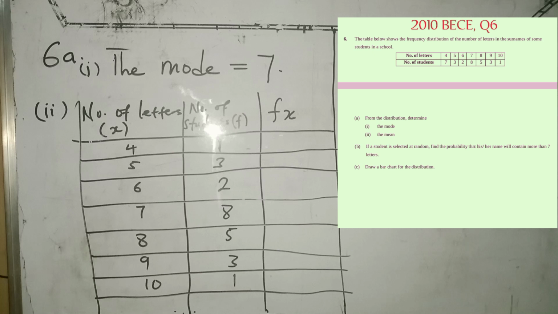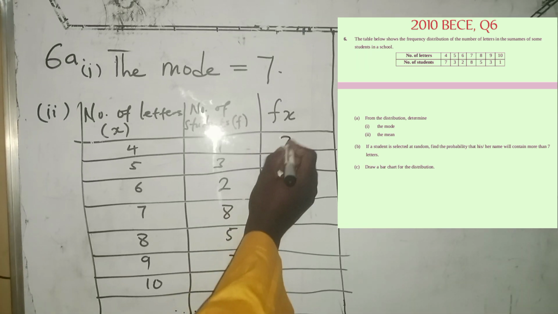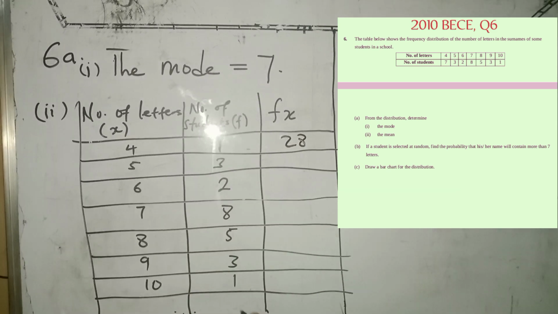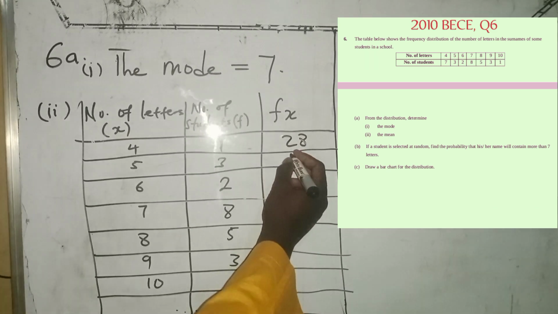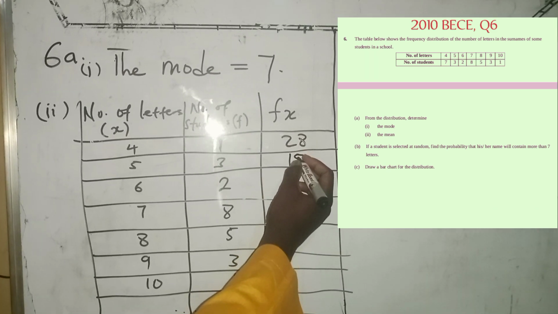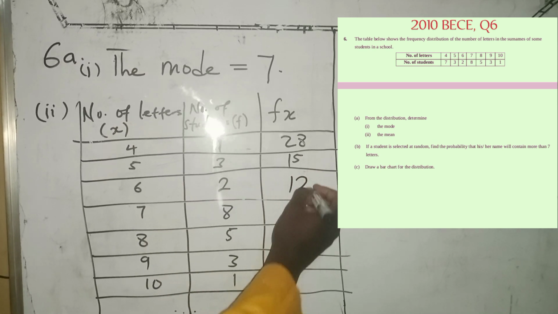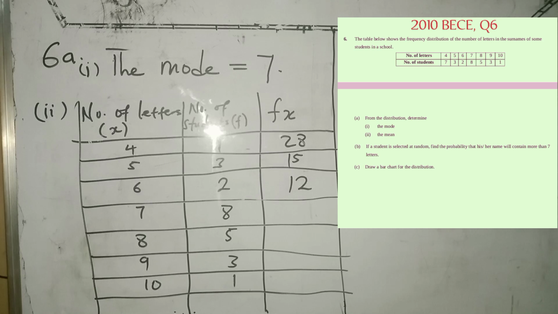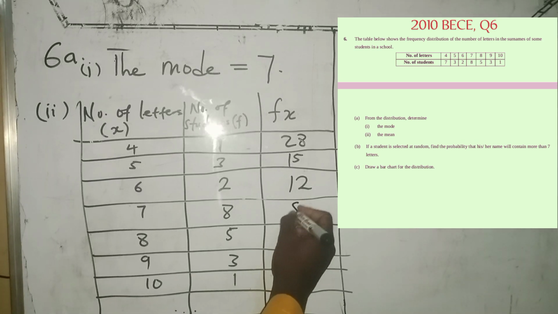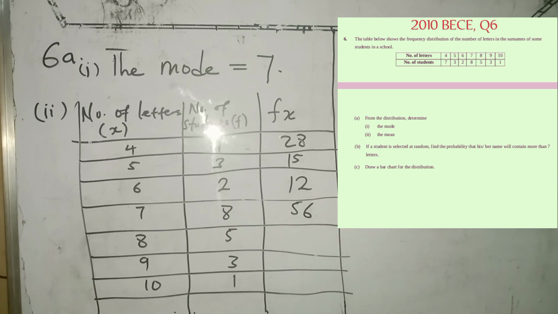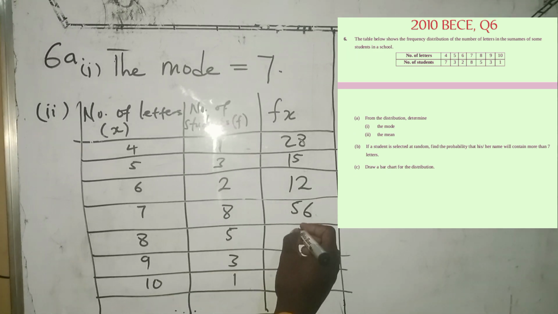So we'll multiply 4 by 7, which gives us 28. 5 by 3 will give us 15. 6 by 2 will give us 12. 7 by 8 will give us 56. 8 by 5 is 40.